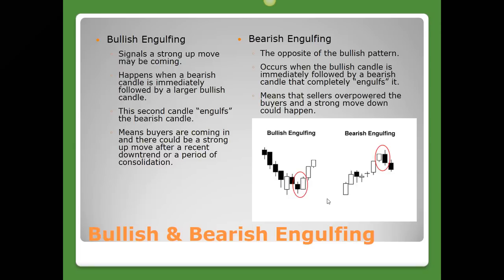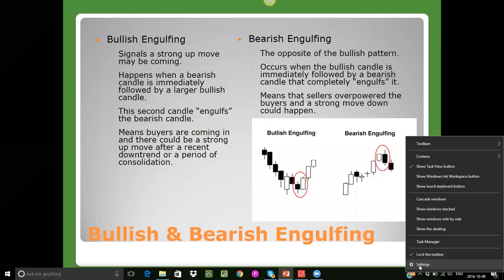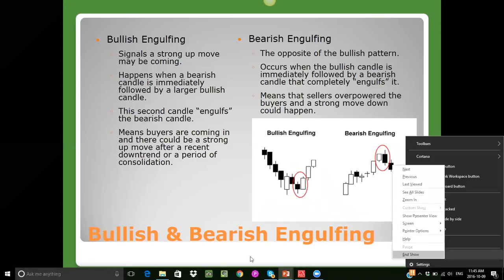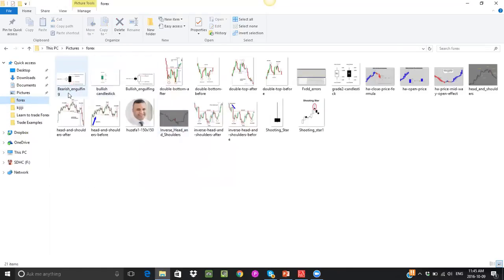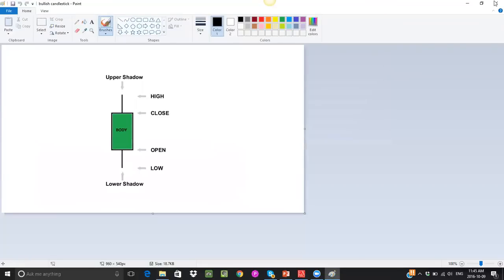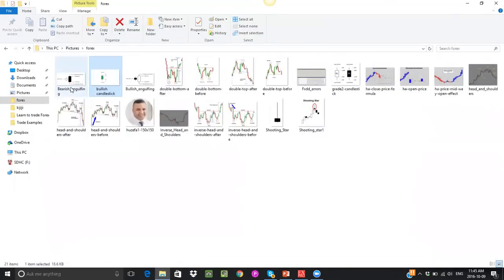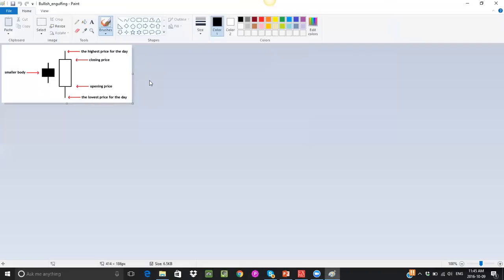So what do engulfing candles look like? Actually, you know what? Let me just pull up a pattern here. Here I have a couple of different charts that are bullish engulfing that we can look at.